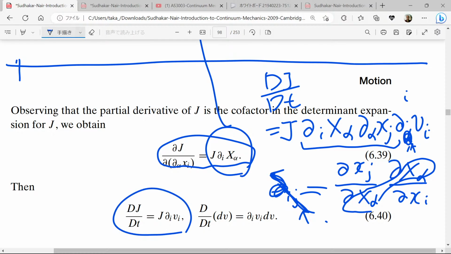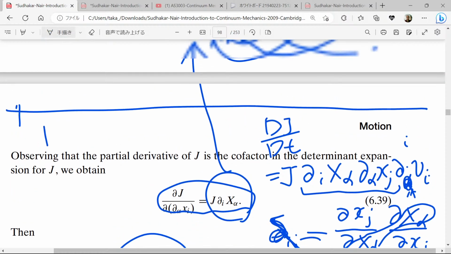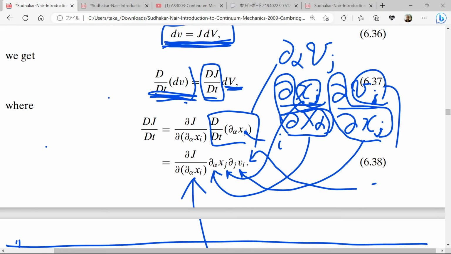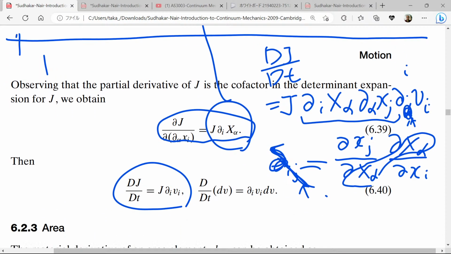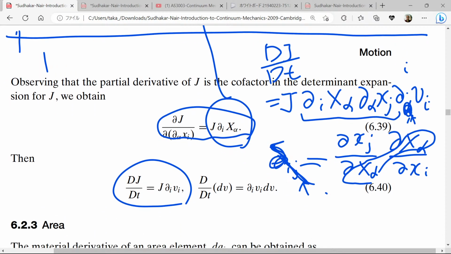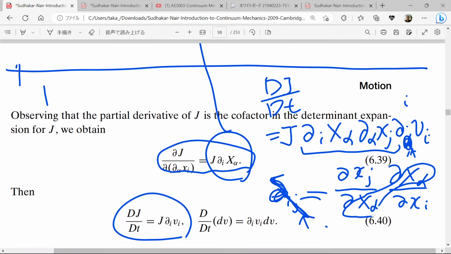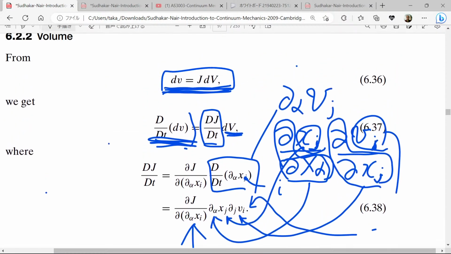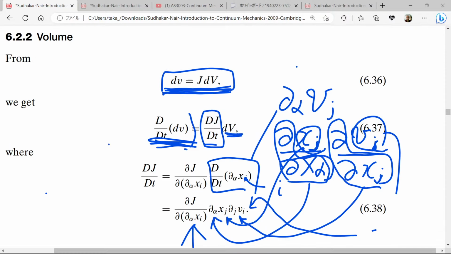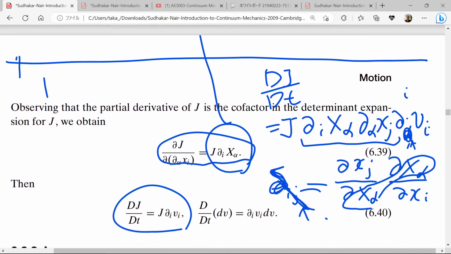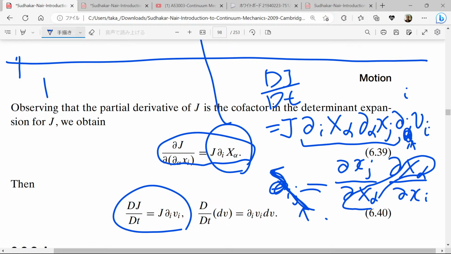Then we go back to this, dj dt dv. I got confused. dj dt dv. This one, this is dj dt dv.